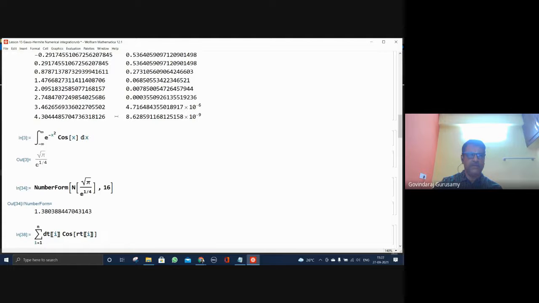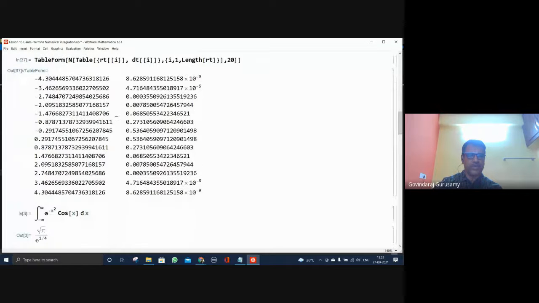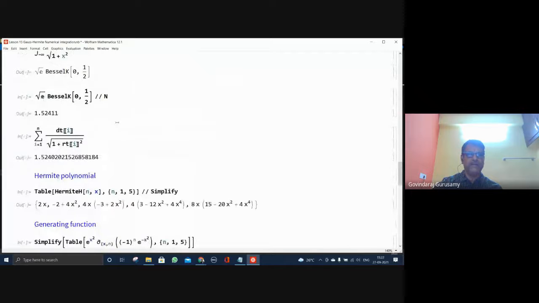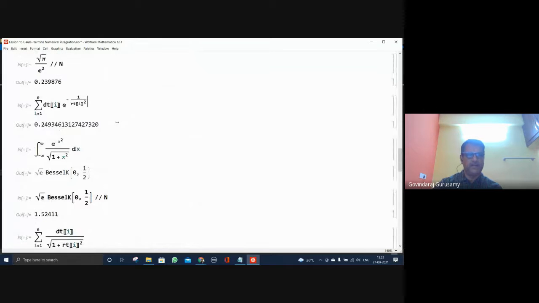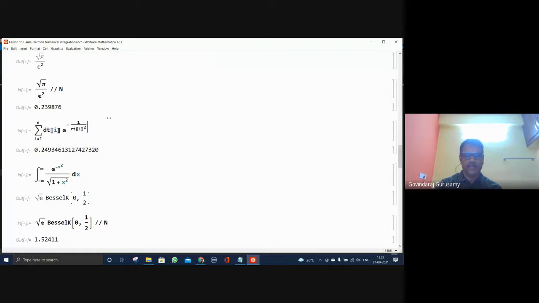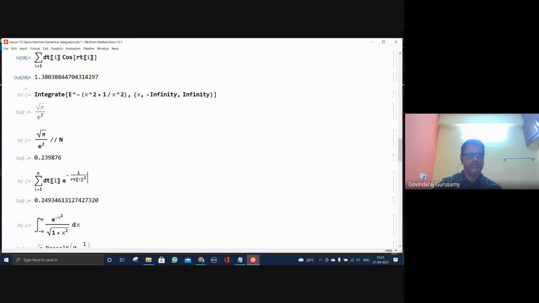For the number of terms, I have 14. The same 14 can be retained. Well, just check it now. Oh, so here, integrate, and I can write this in the form of a number form.